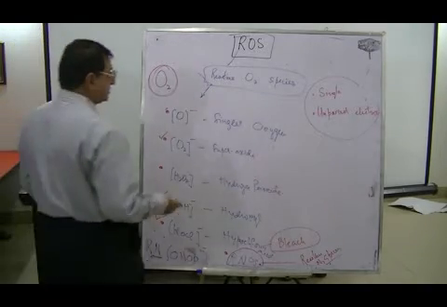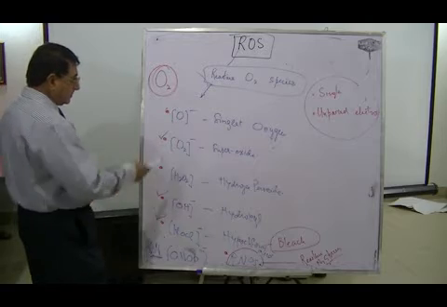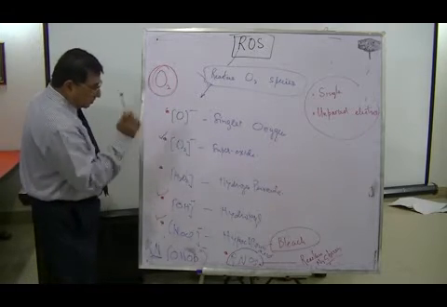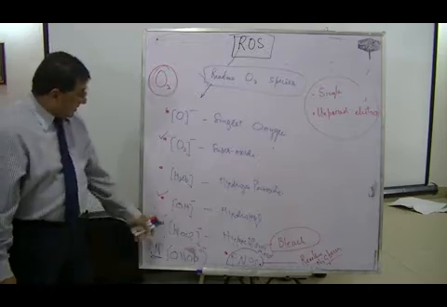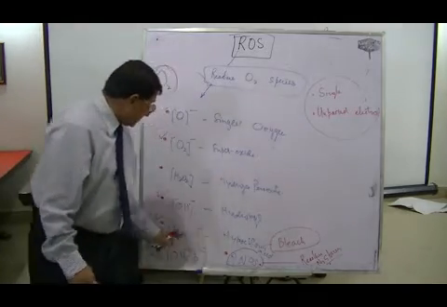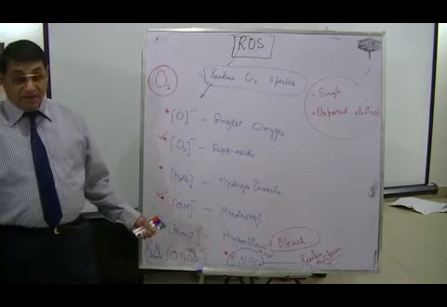So reactive oxygen species, all these singlet oxygen, superoxide, hydrogen peroxide, hydroxyl radical, hypochlorous acid, and RNOS, they are all reactive oxygen species.